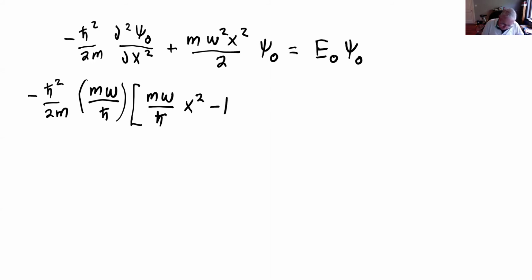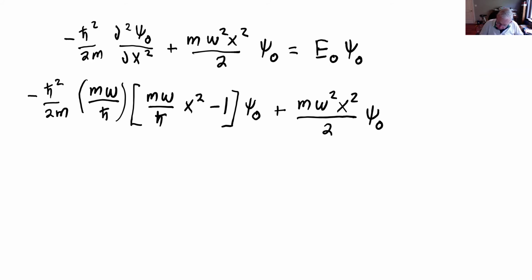I've got all of that times psi 0. Then over here, I've got my m omega squared x squared over 2 all times psi 0, and that's supposed to be equal to E0 psi 0.